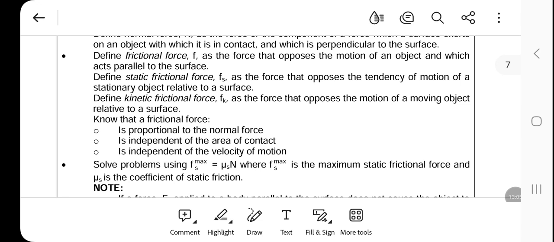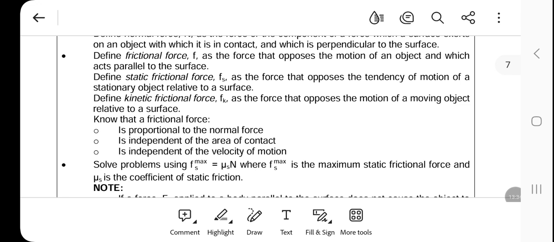The object will be trying to move, and when it is trying to move, the static frictional force opposes that tendency of motion. That is why it is called static. It keeps the object at rest. I think we're going to do more when I do the formula. There's a formula for this one, so you must know how to apply it.